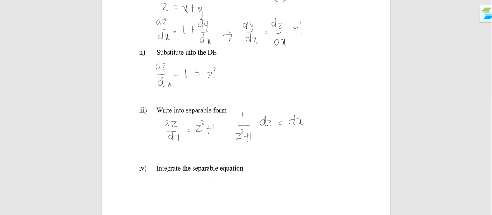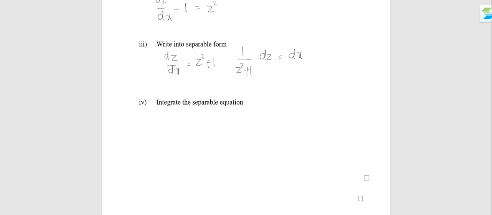Okay, so from there you can integrate the separable equation. So you have 1 over z square plus 1 dz equals dx.